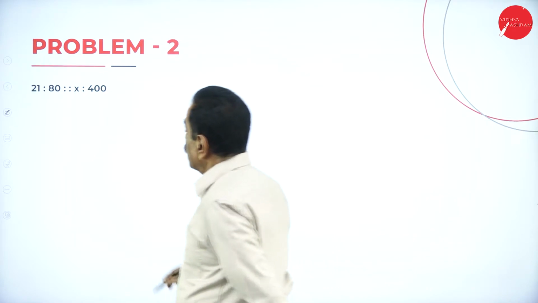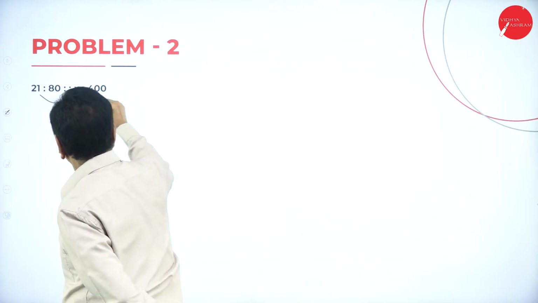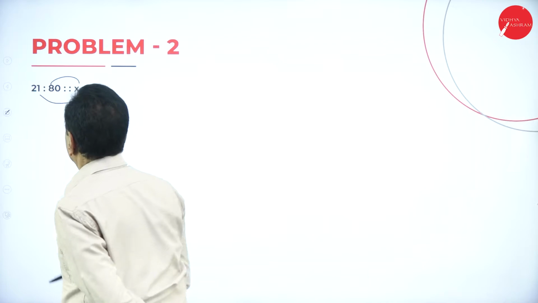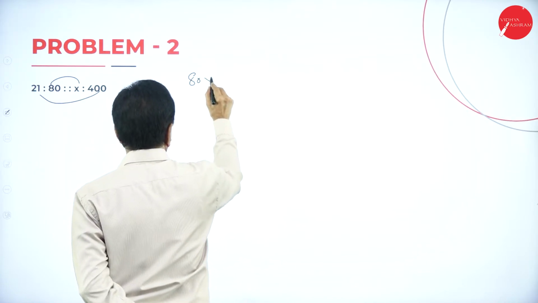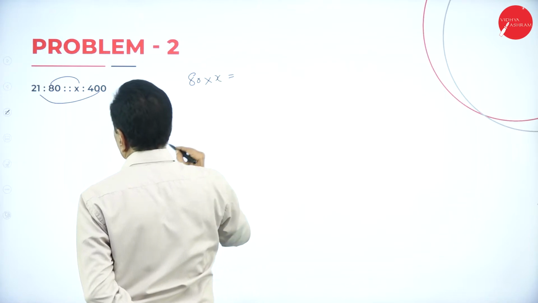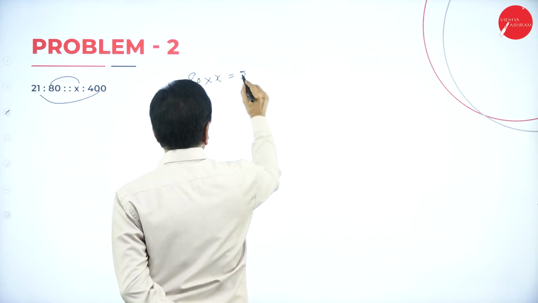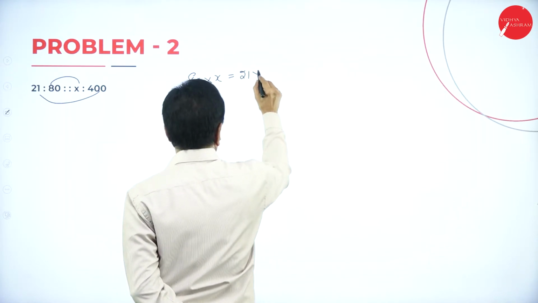Second, same thing. First and last, second and third. So 80 into x is equal to 21 into 400.